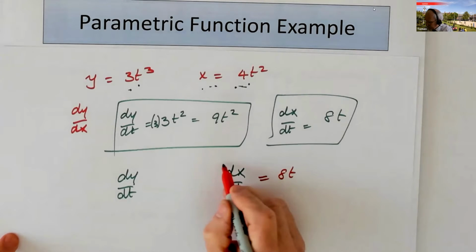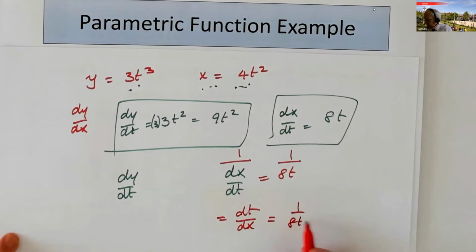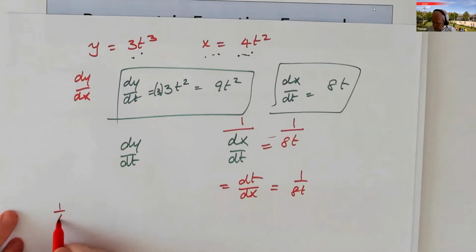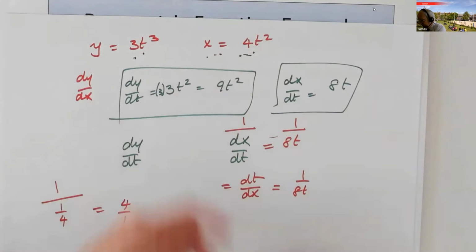If I put this over it, I'd be bringing the dt up on top. So I'd get dt/dx is equal to 1 over 8t. I just flip it. Like if I've got something like a quarter, and I divide 1 by a quarter, I end up with 4 over 1. I just flip it. Okay, so if I flip dx/dt, I get dt/dx.